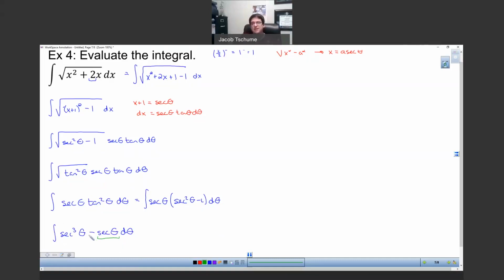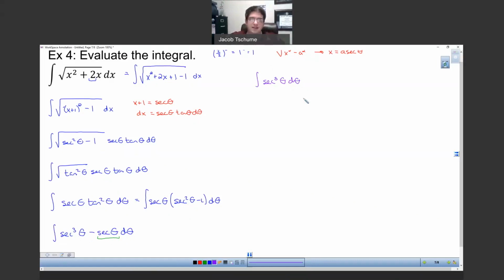Secant cubed is not one of those rules. So we're going to have to go over here to the top right, and we're going to do some scratch work to figure out what the integral of secant cubed is, and then we'll come back and attach on the integral of secant. So up here at the top, let's focus on how would you integrate secant cubed theta d theta.